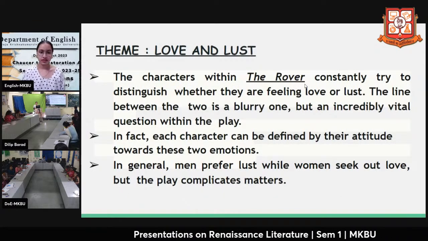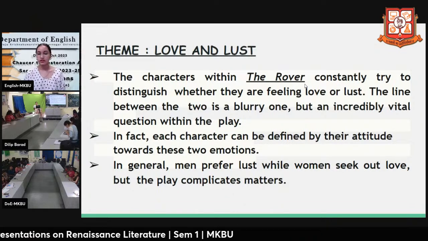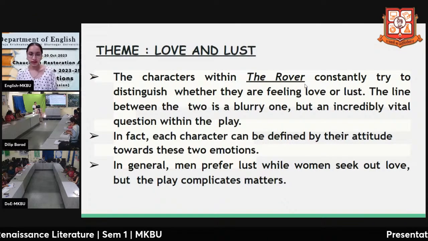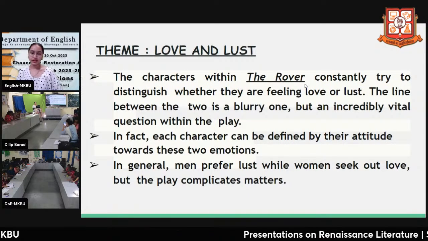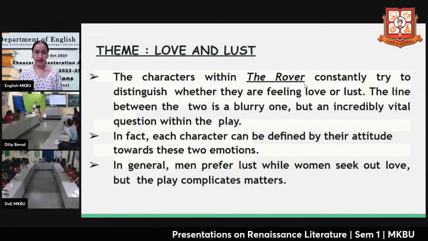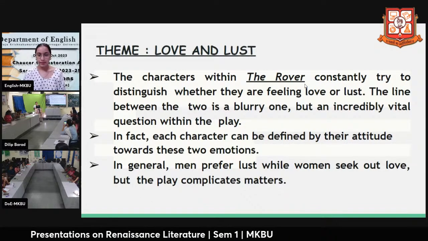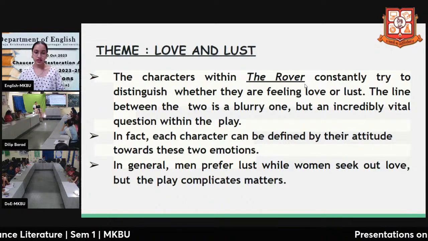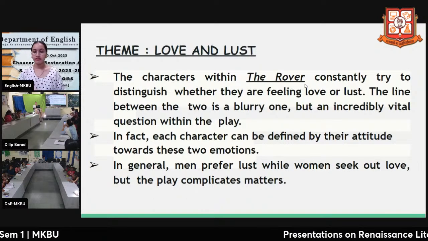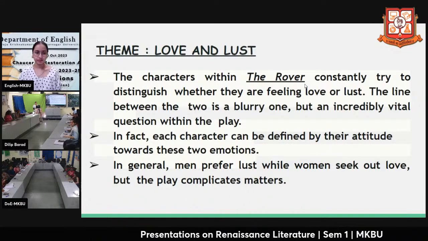Let's discuss the theme of love and lust. The characters within The Rover constantly try to distinguish whether they are feeling love or lust. The line between the two is a blurry one, but an incredibly vital question within the play. In fact, each character can be defined by their attitude towards these two emotions. In general, men prefer lust while women seek out love, but the play complicates matters.